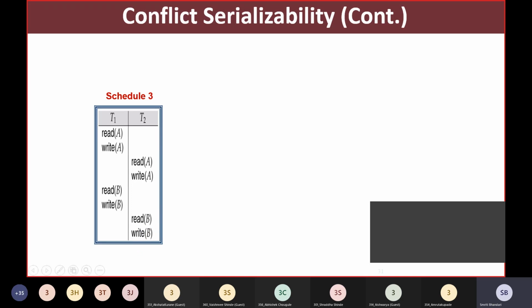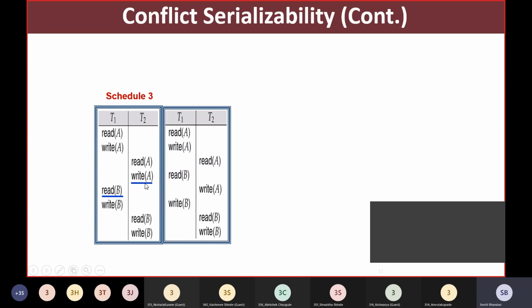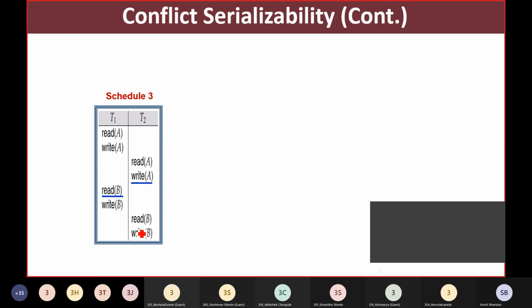Then from T2 we have read A, write A. From T1 we have read B, write B. And from T2 we have read B, write B. So we are going to look at the consecutive instructions from two different transactions which are non-conflicting. What do we mean by this? See here, we have this write A and we have this read B.